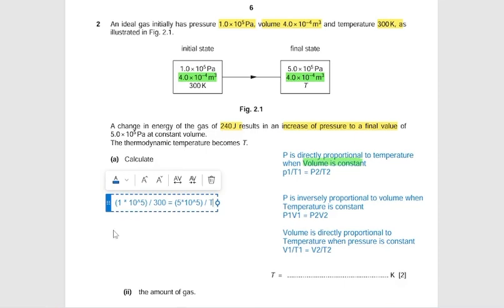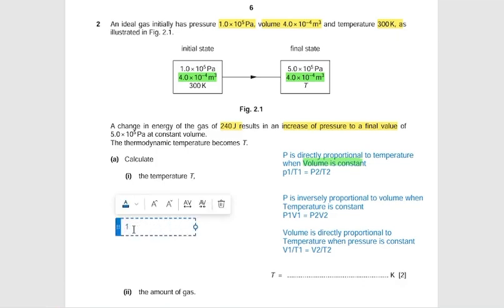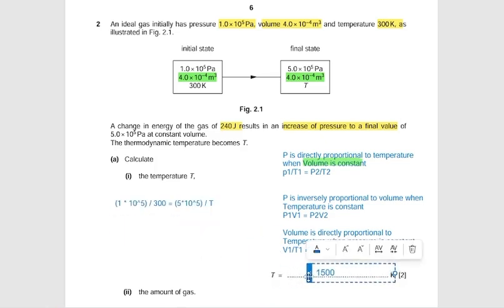When you cross multiply, you have 300 into 5 into 10 raised to the power 5. The answer you should be getting by cross multiplying is 1500 Kelvin, and that is your answer here.